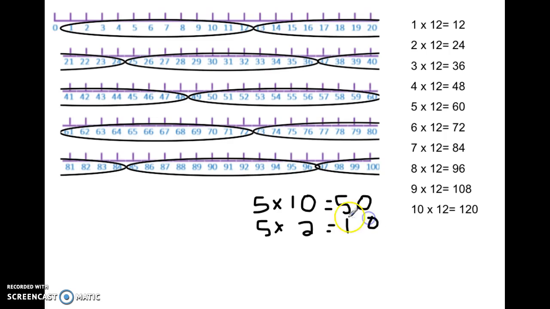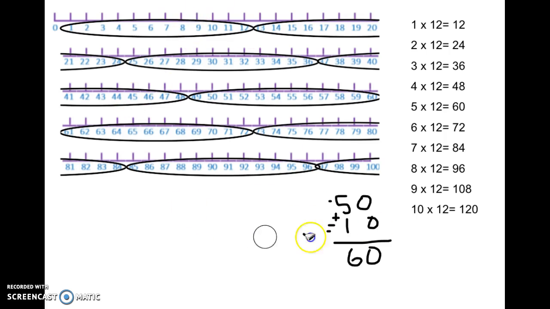And now I just add these 2 products together, and that'll give me the answer of what 5 times 12 is. So 50 plus 10 is 60. So that's a great way to help you remember your 12's. You can always multiply the number by 10 and then multiply the number again by 2 and add the 2 together. That's a great strategy, because 12's can be hard ones to just get right off the bat.